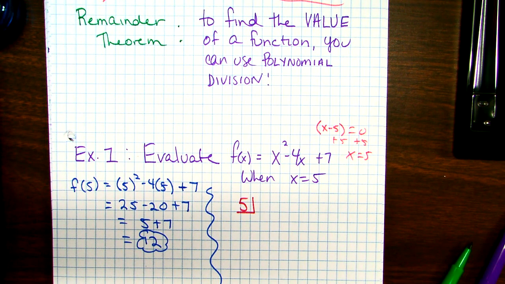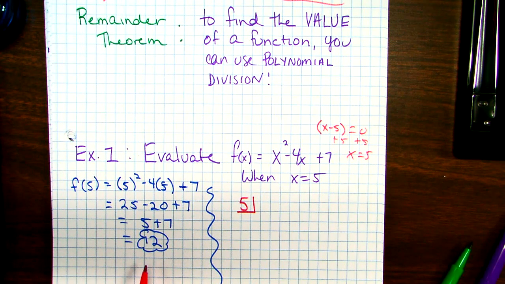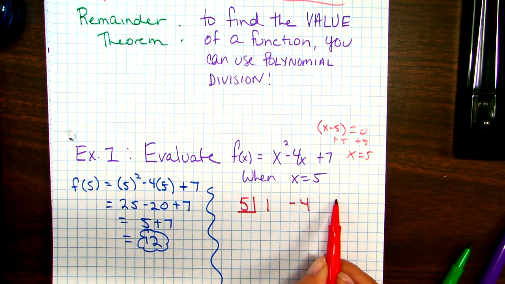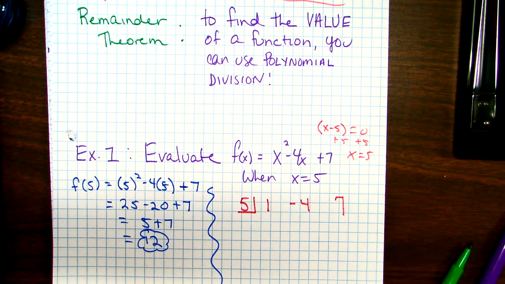There's another way to find 12, which is really, really fast, and that's synthetic division. So I'm taking my x equals 5, and I'm putting it in that fun little backwards L. And then remember, you take the coefficients, 1, -4, and 7.